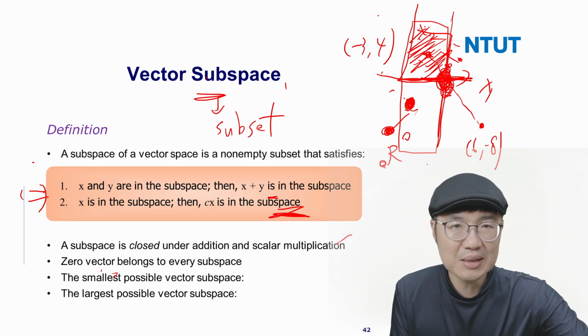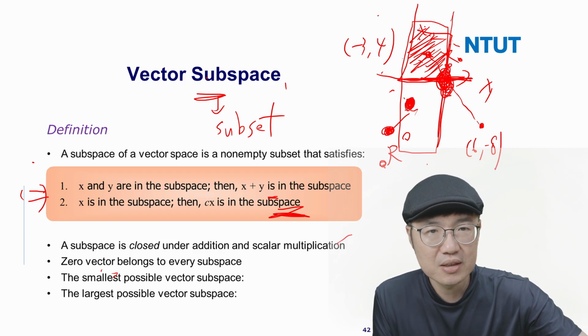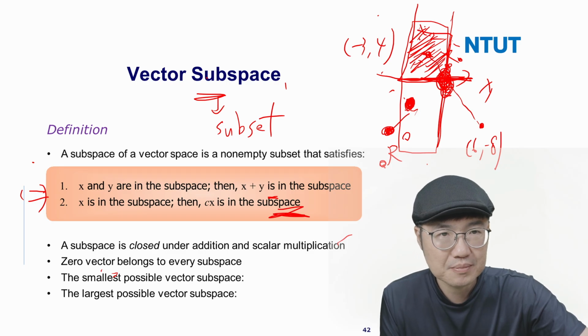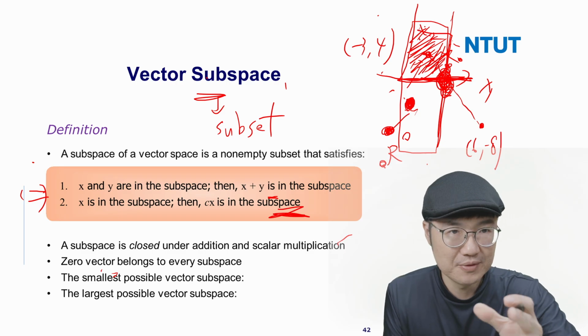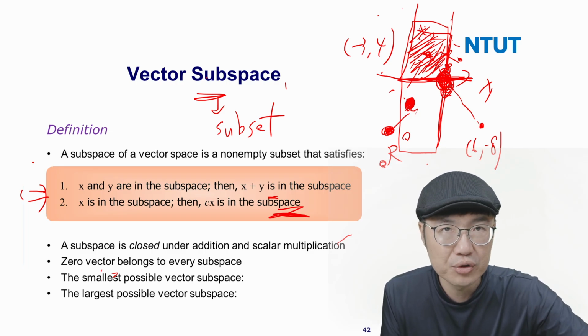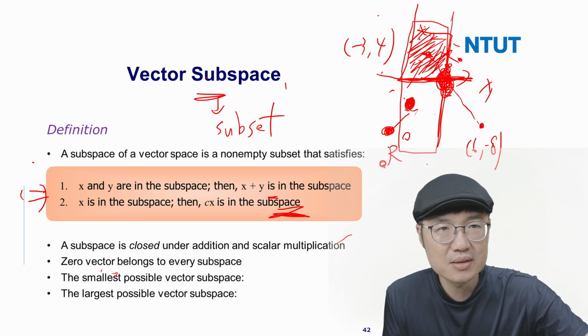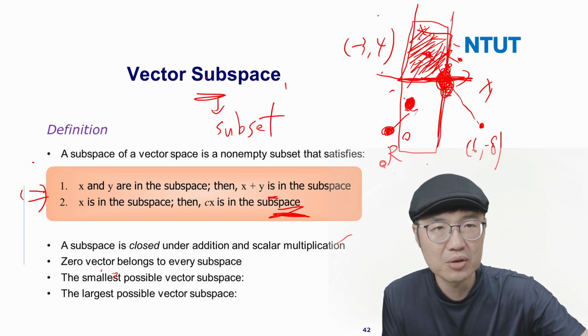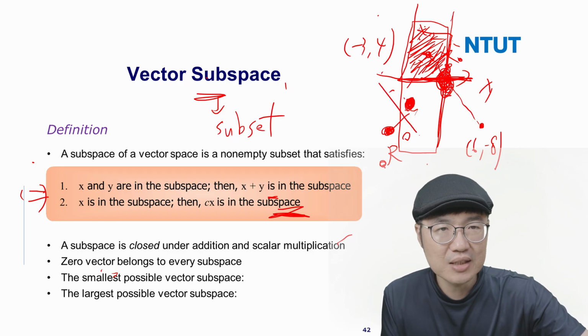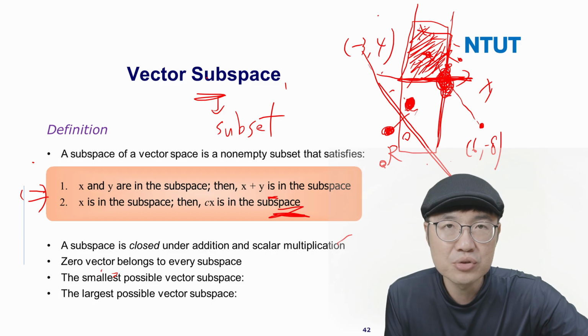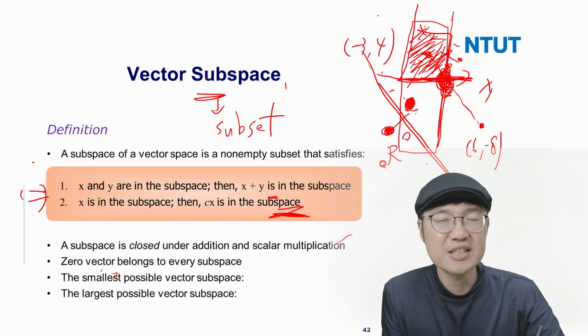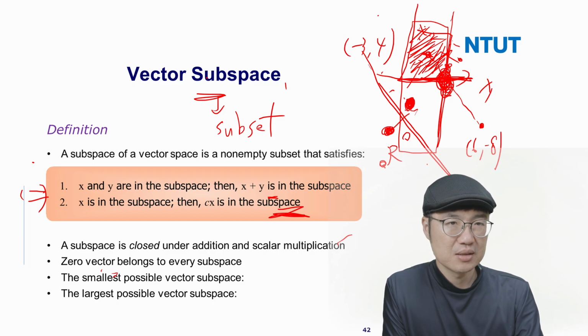So for a subset to be a subspace, we must have it include the origin, and we must satisfy the additive property. For example, if I just plot an arbitrary straight line which does not pass through the origin, this can never be a subspace.